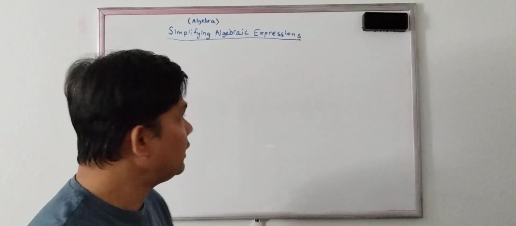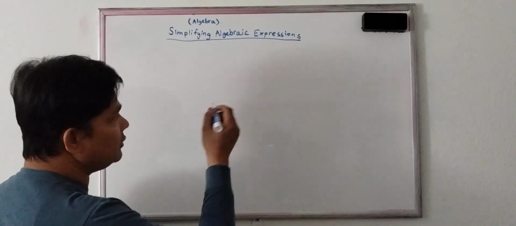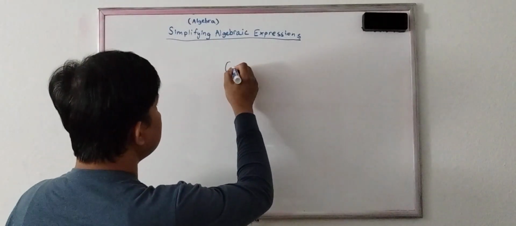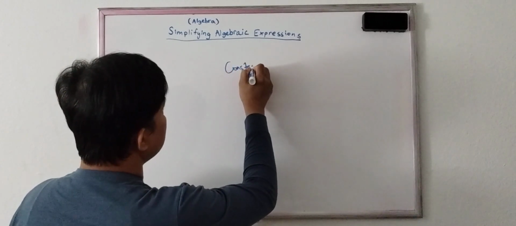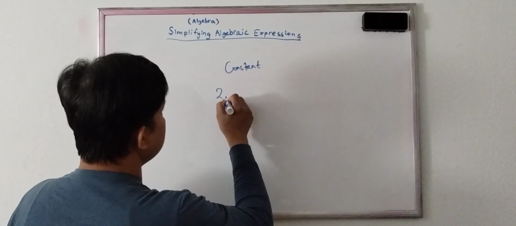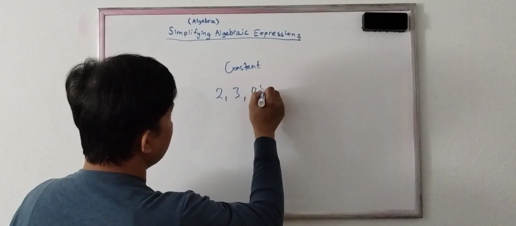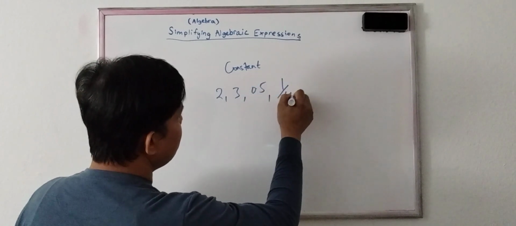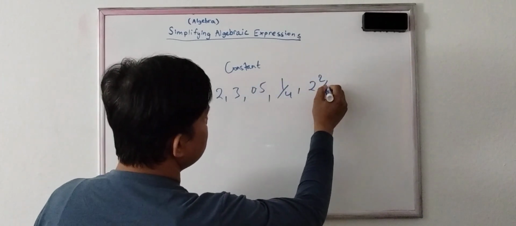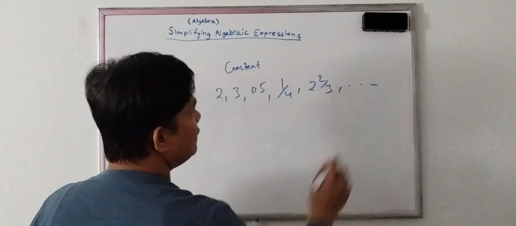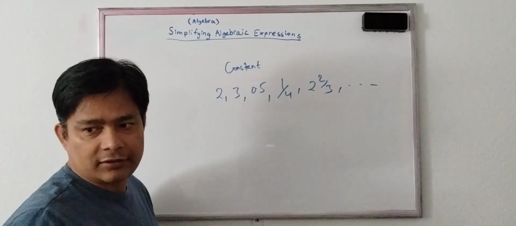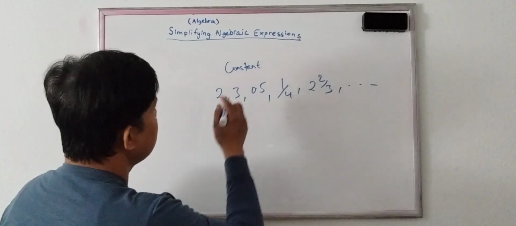So first, let's start with constants. We learned that these are like 2, 3, 0.5, 1 by 4, 2 by 3, anything involving numbers. These are constants.